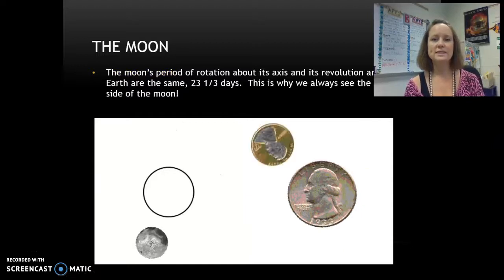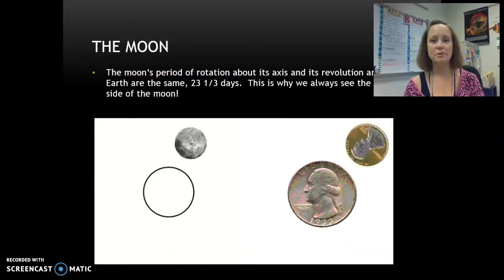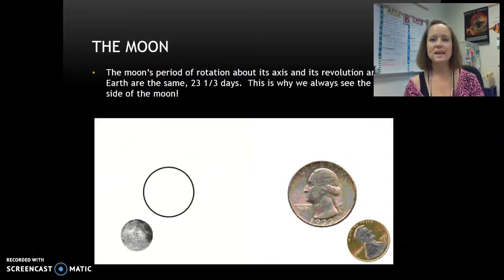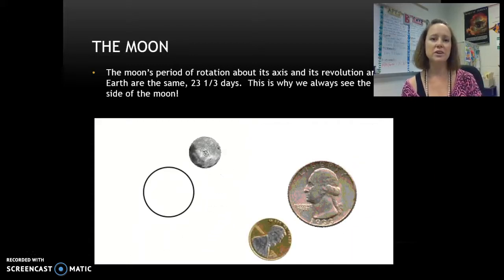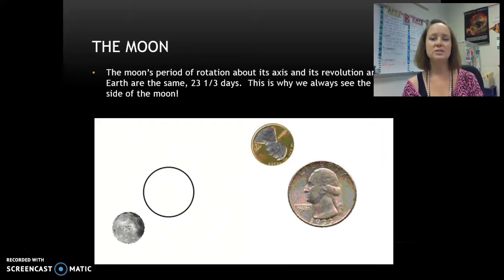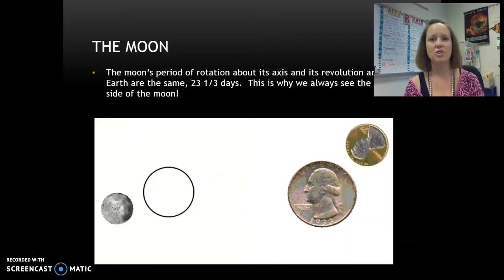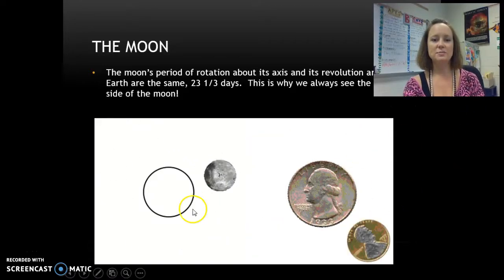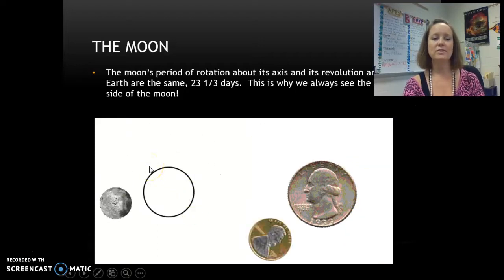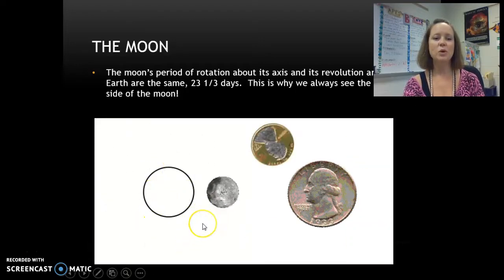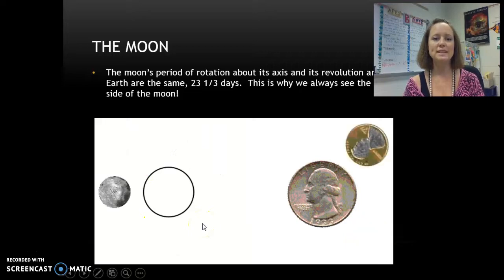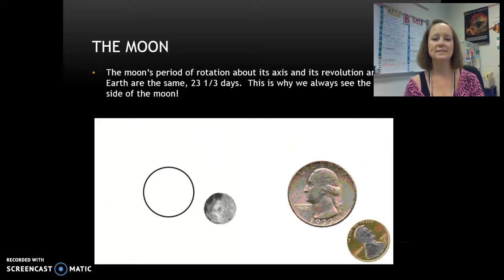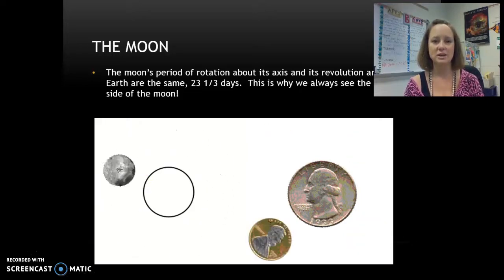Have you ever noticed how we always see the same side of the moon? The reason is because as the moon is revolving around the Earth, it is rotating on its own axis at the exact same speed. It takes 23 1/3 days. So if you look at the picture or the diagram on the left, you can see if you watch just the moon, that it is spinning on its axis, like if we were to take the Earth out of the picture.